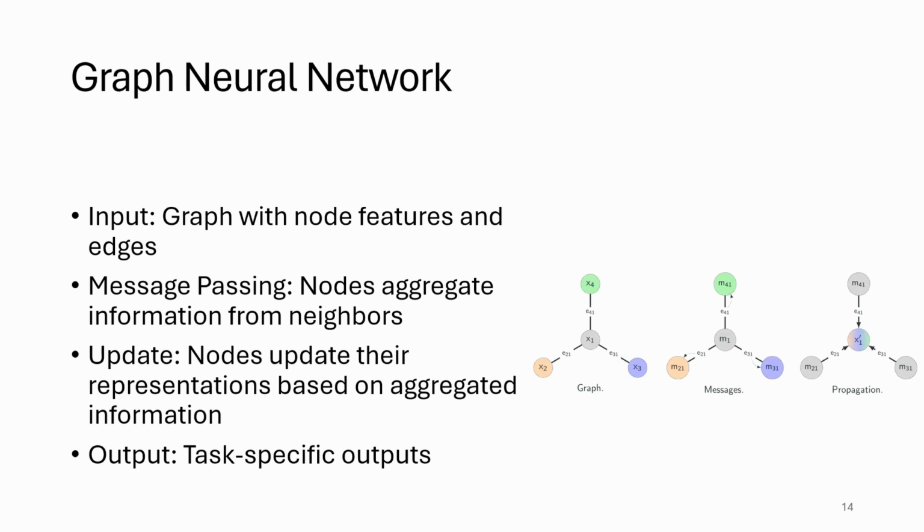And as opposed to classical neural networks where there is a forward propagation and a back propagation, this graph neural network has a message passing stage where each node receives information from neighboring nodes, independent of the order of the nodes, and an update state, where each node updates the information based on the aggregated information. And the output layer is task specific, so it's similar to a regular neural network.